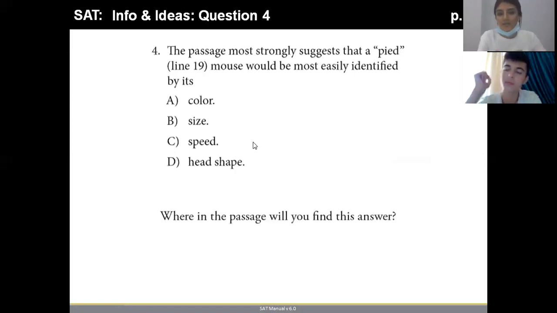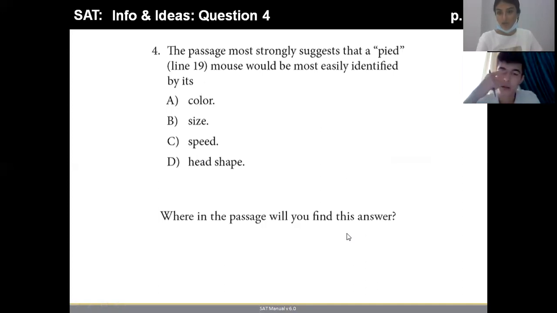So we have such a line question. The passage most strongly suggests that a pied mouse would be most easily identified by its color, size, speed, or head shape. Before going to find this place in the passage, where will you find this answer?